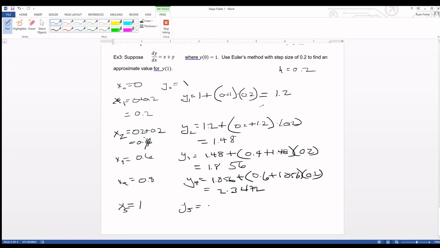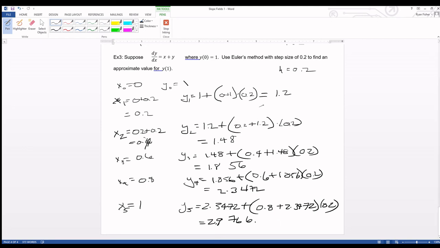So the fifth y is the previous y, 2.3472, plus the value of the differential equation at the previous step, which is x plus y, times the step size, which is 2.9766.